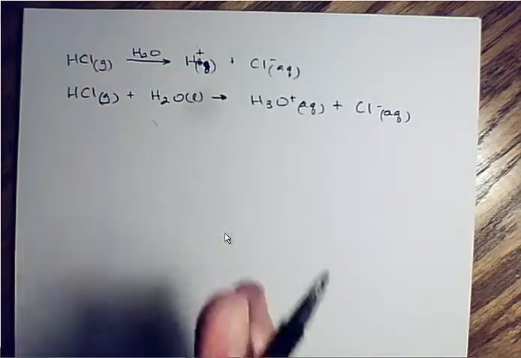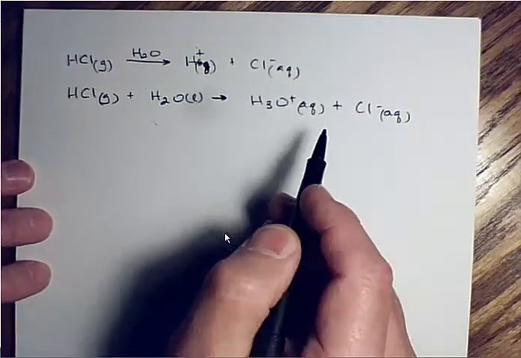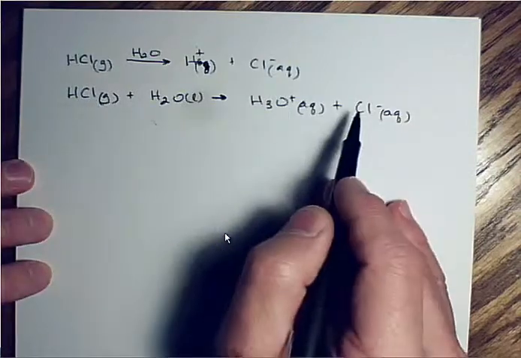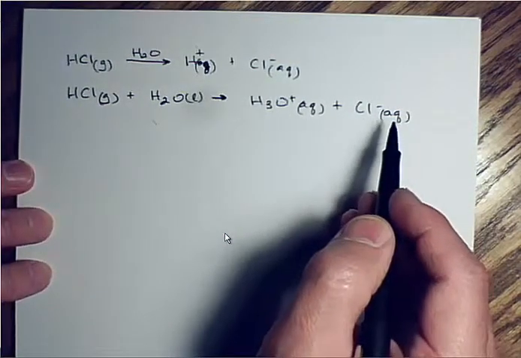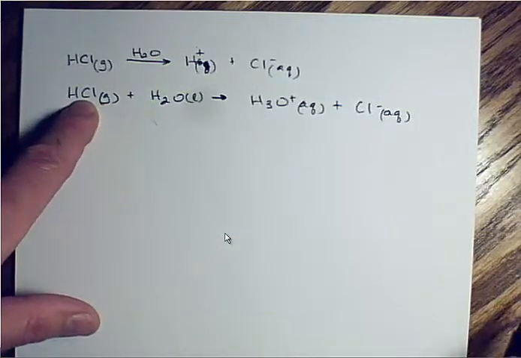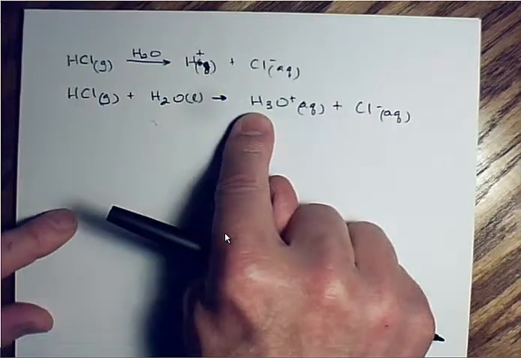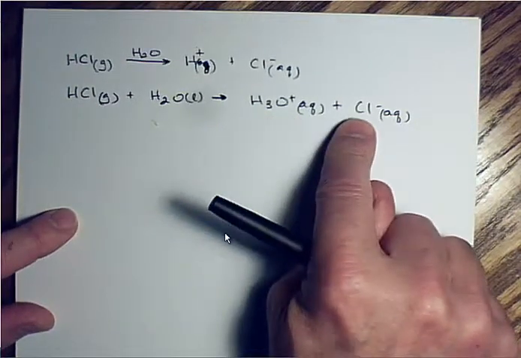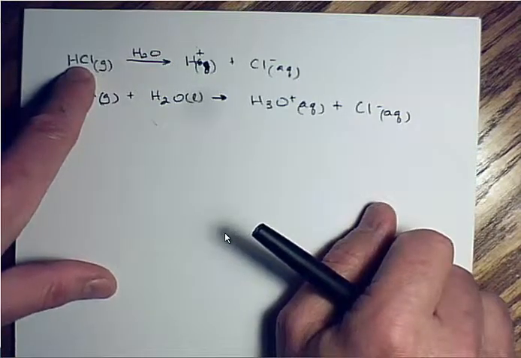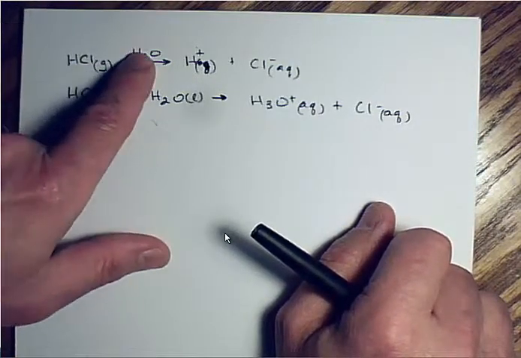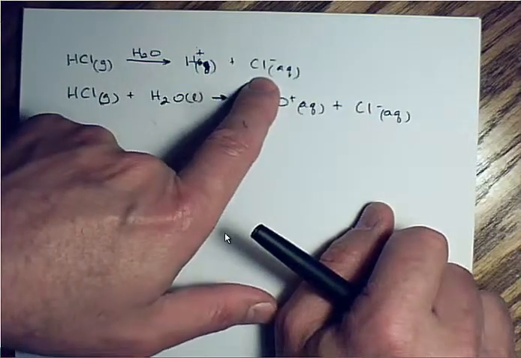All right, so these are ways of thinking about the behavior, and why we have these different theories. So this is a strong acid because almost every single hydrogen ion breaks up here. For every one of these hydrogen chlorides I have, it's going to produce 1 hydronium and 1 chloride ion. Or in the Arrhenius system, for every hydrogen chloride molecule I put in water, it's going to produce a hydrogen ion and a chloride ion.